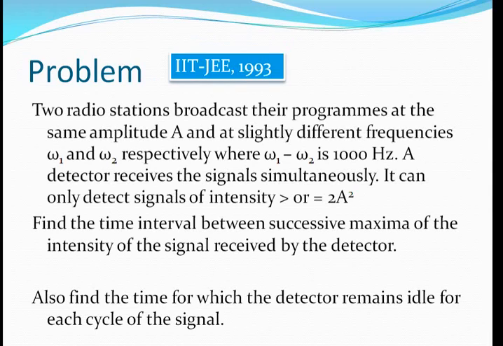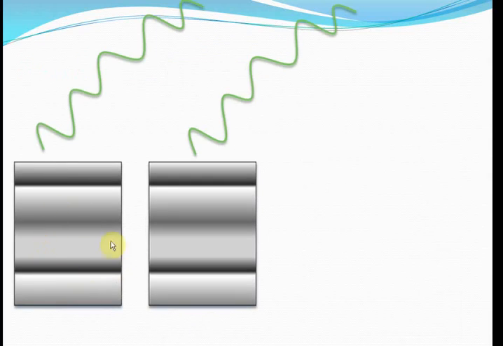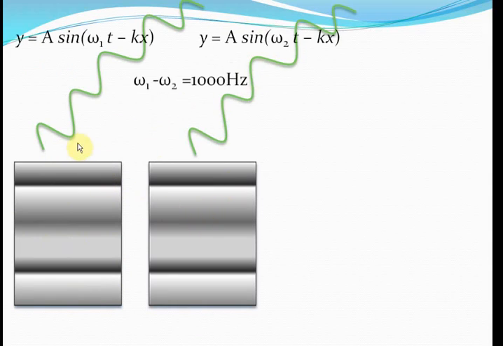At first glance, this problem seems quite fuzzy. What is happening here? There are these two radio stations, radio station 1 and radio station 2. Both of them are emitting signals. The equation of the signal emitted by the first radio transmitter is y equal to A sin(omega 1 t minus kx). The equation of the second signal is y equal to A sin(omega 2 t minus kx).